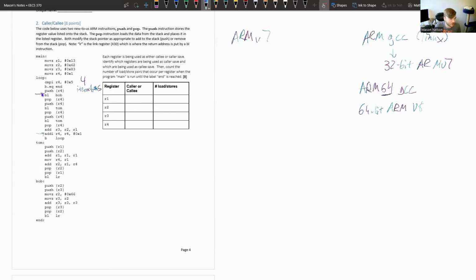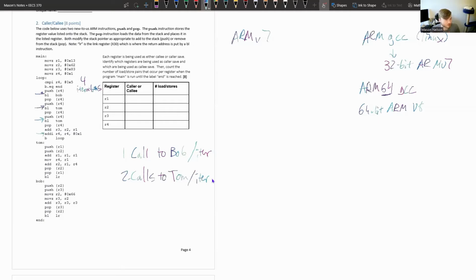So I'm going to point out the 3 function calls that we had here. We made 1 call to Bob per iteration and 2 calls to Tom per iteration.